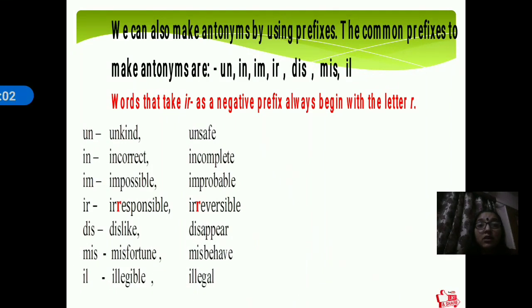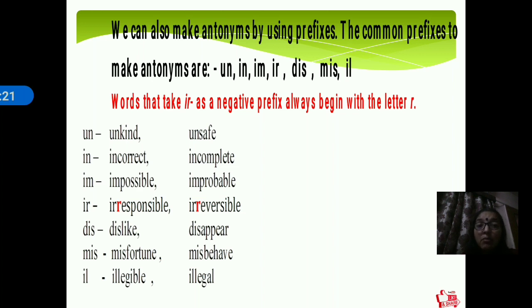Now children, you can form antonyms by adding prefixes also. And what kind of prefixes? Like un, in, im, ir, dis, mis, and il. With un you make unkind, unsafe, and there are many more. These are just a few examples.